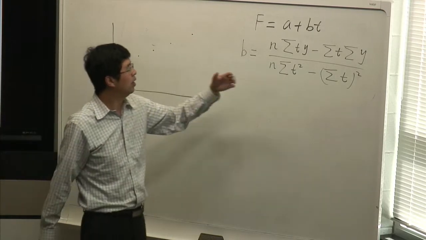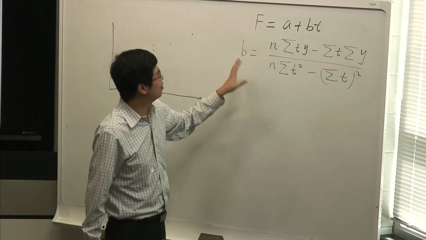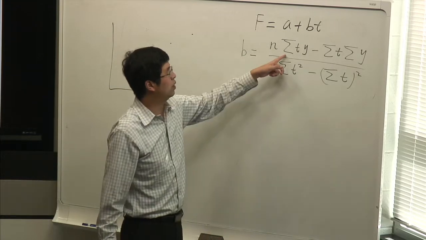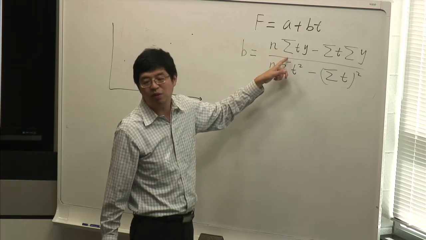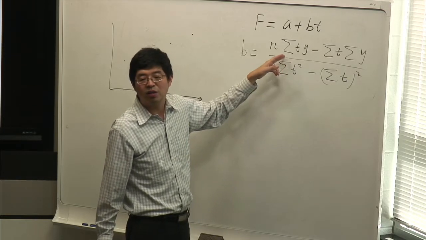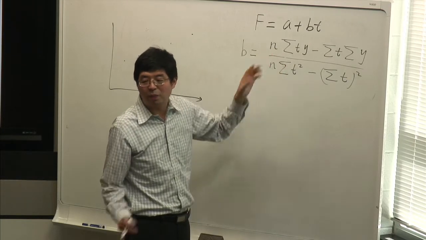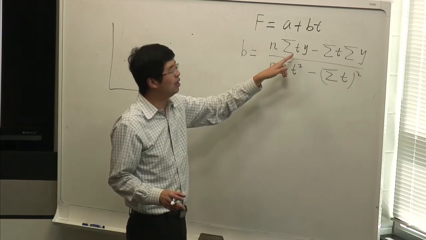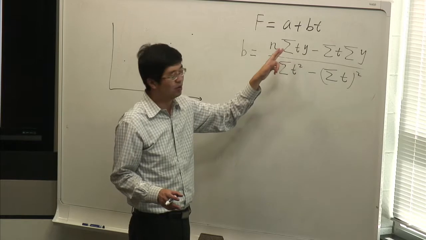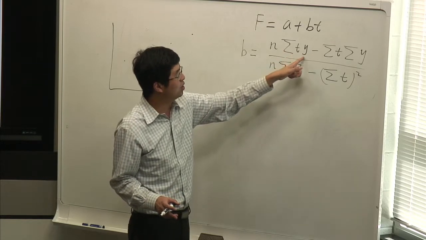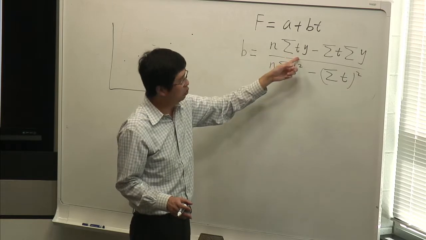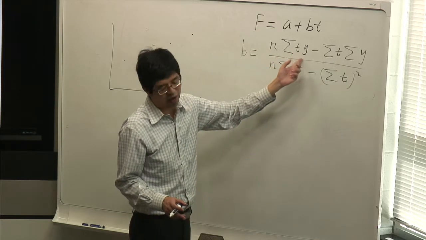Does anybody have a question about this summation symbol? Everybody understands? The big sigma means summation. So the sum of t times y means t equal to 1 times the actual demand for this period, multiplied together. Then time period 2, t equal to 2, times the actual demand.